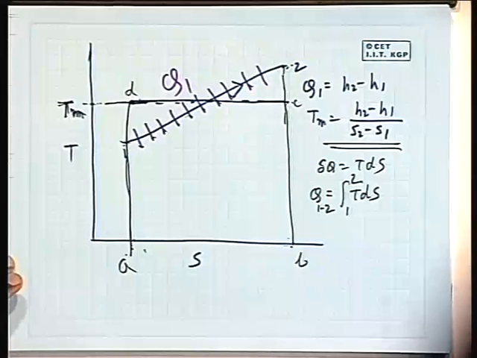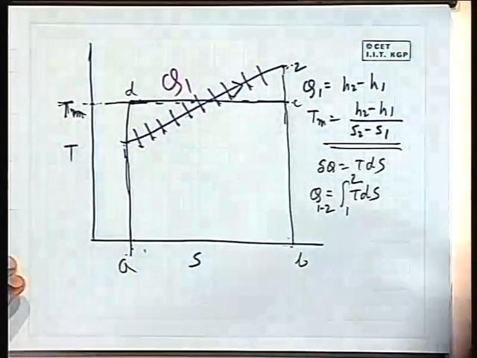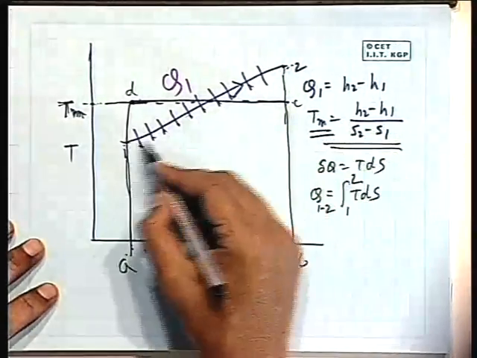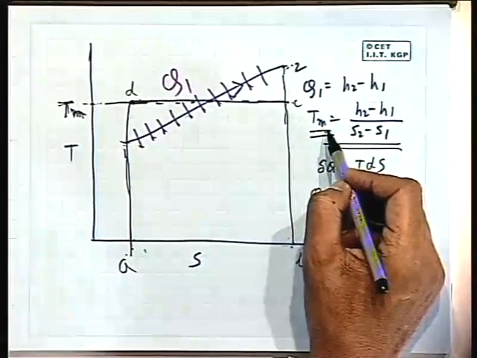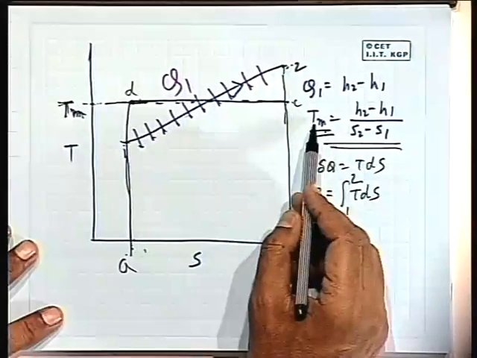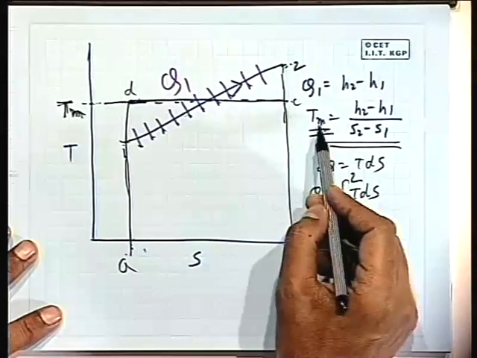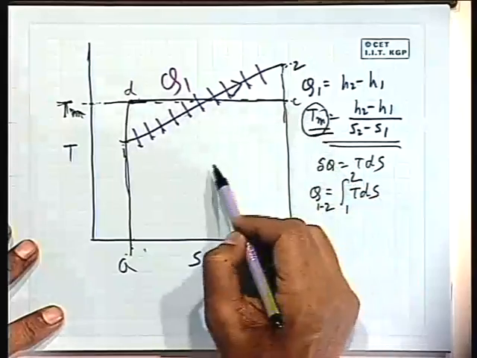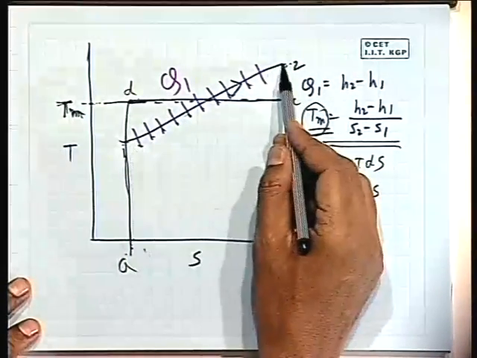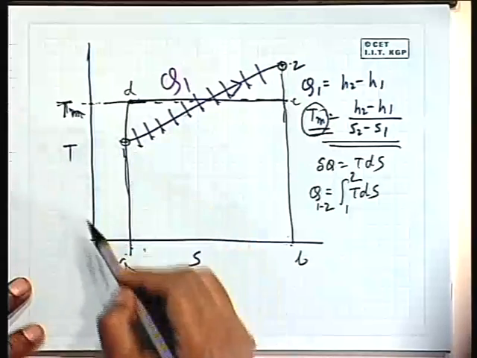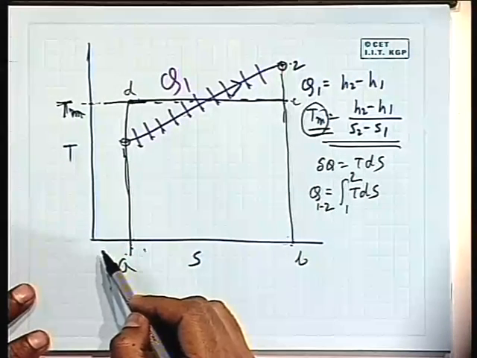That means the physical definition is that the mean temperature of heat addition in any varying temperature process is a constant temperature at which, if the same heat was added, it could have given the same entropy change.